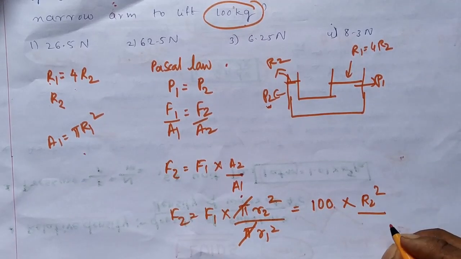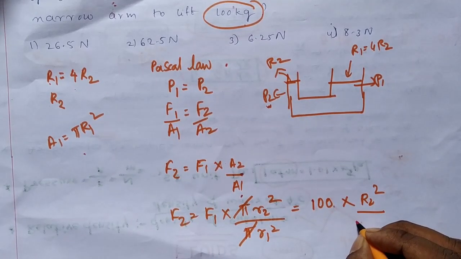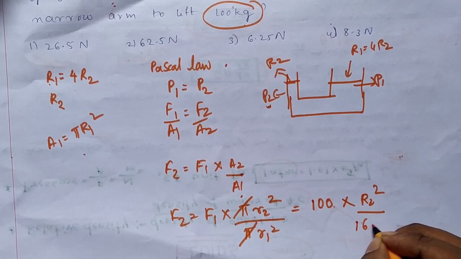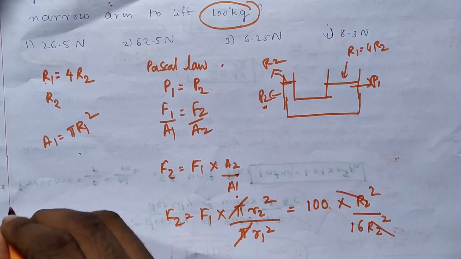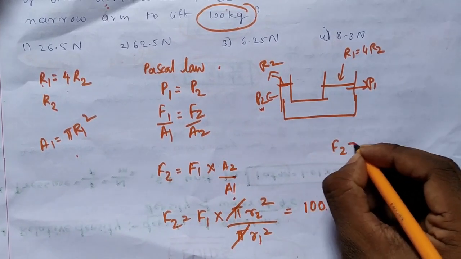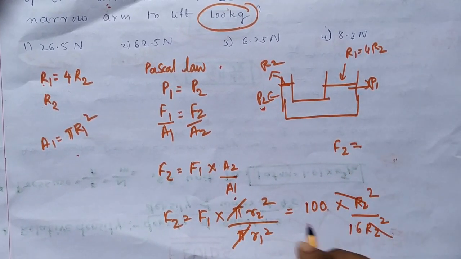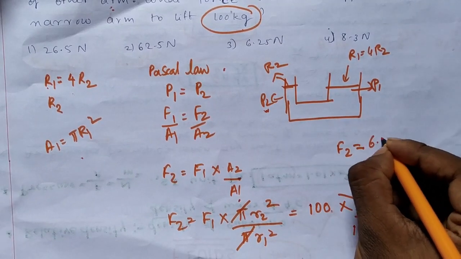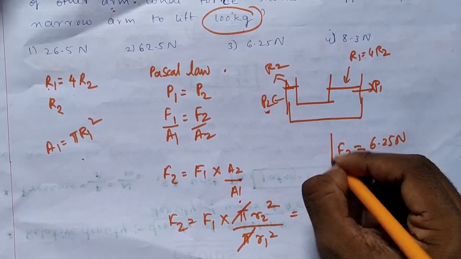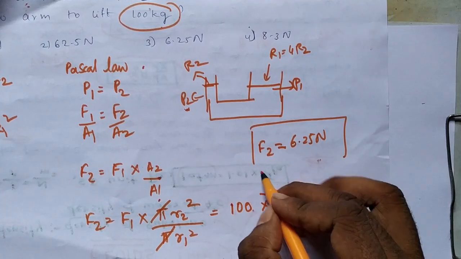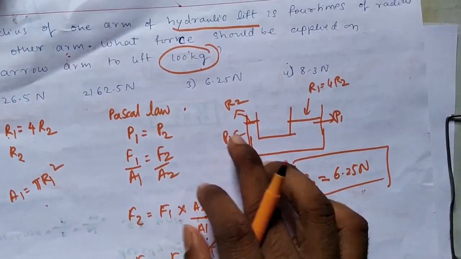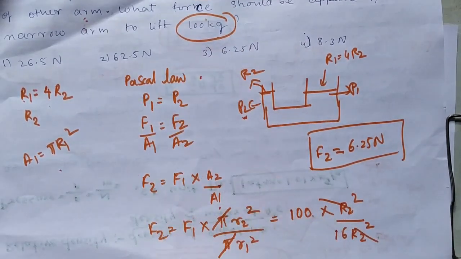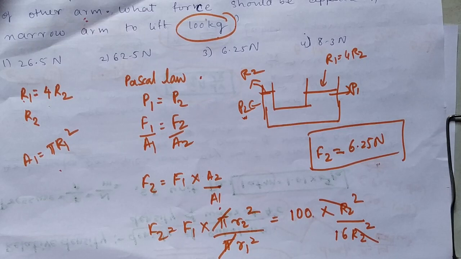So it becomes 16 R2 square, so this gets cancelled. So F2 is equal to 100 by 16, which becomes 6.25 Newton. They have asked force, isn't it? So you get the answer as 6.25 Newton.